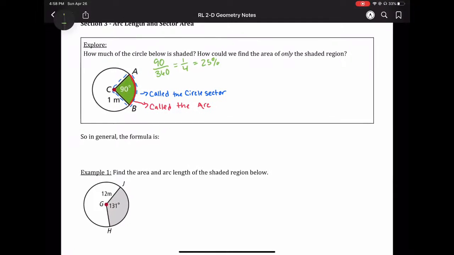So you have the circle area times the fraction, which I'm going to write like this, of the partial area or of the circle sector. So actually we'll just go ahead and we'll write times fraction of circle sector.